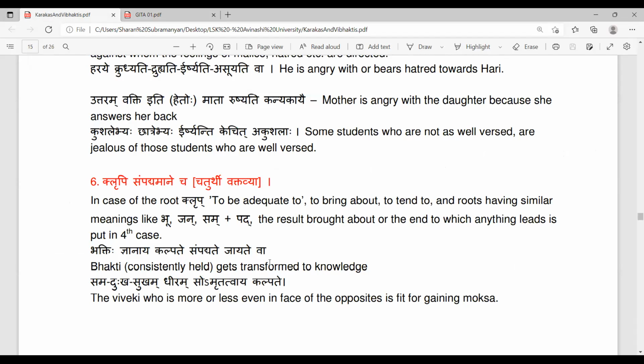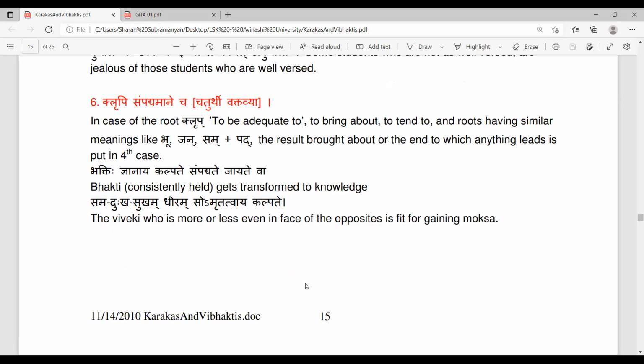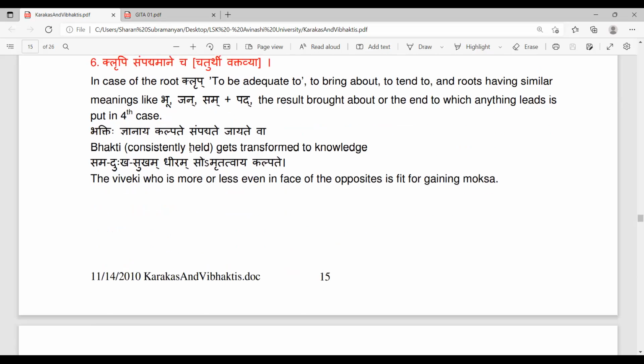Bhakti brings about jnanam, sampadyate, jayate. I didn't say this, this is the 15th verse of the second chapter. The viveki, who is even-minded in the face of opposites, is fit for moksha, amrtatvaya kalpate. It will lead him to moksha. So this is Chaturthi Vibhakti bhavati.